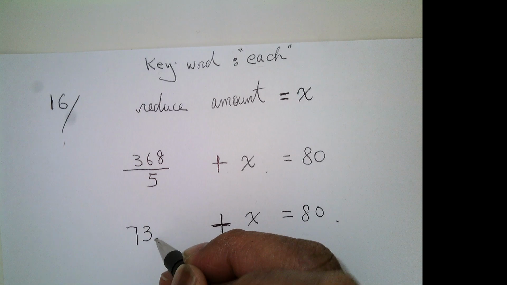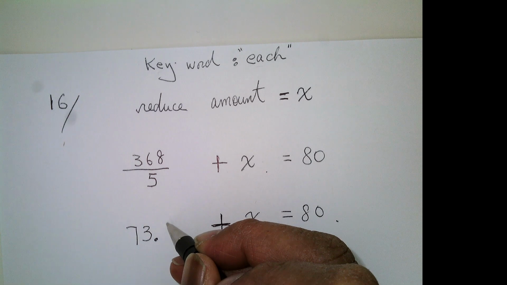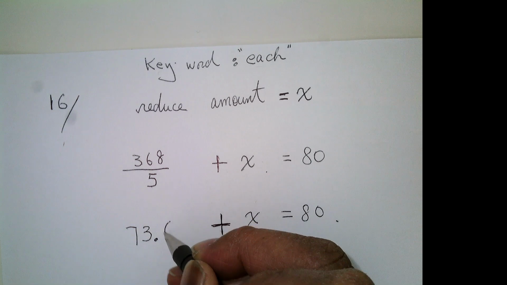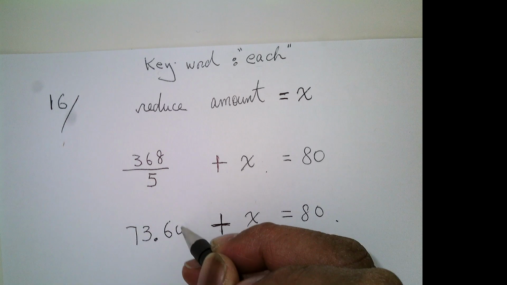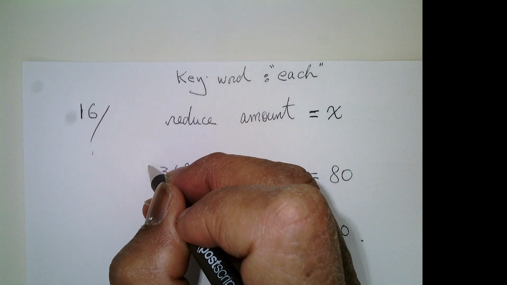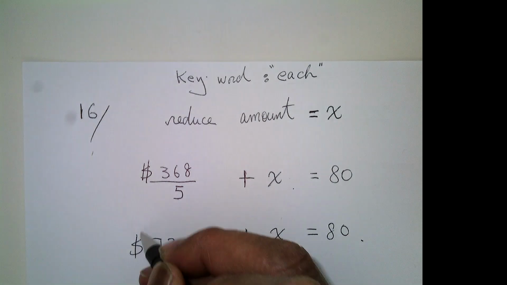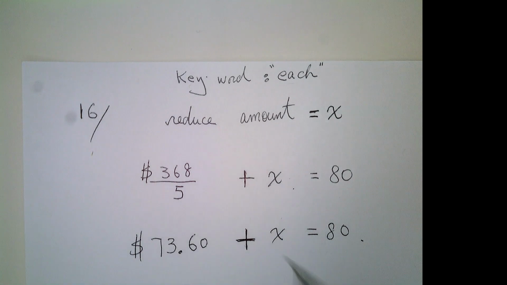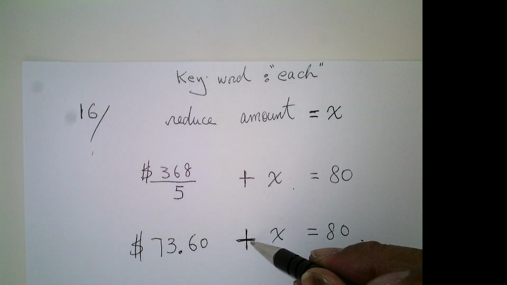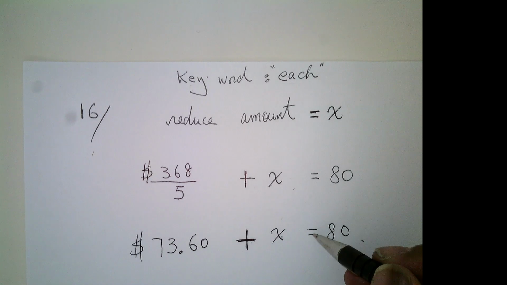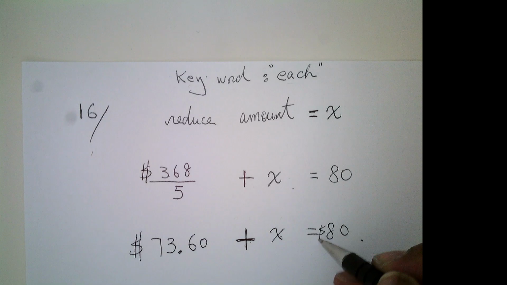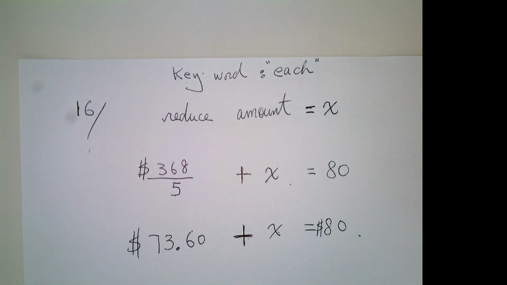And so $73.63. $73.60 plus what amount will give you the $80? Okay? Because the original price is 80.